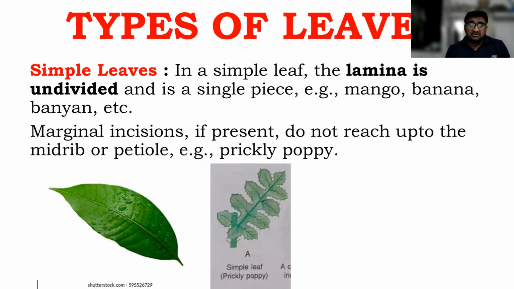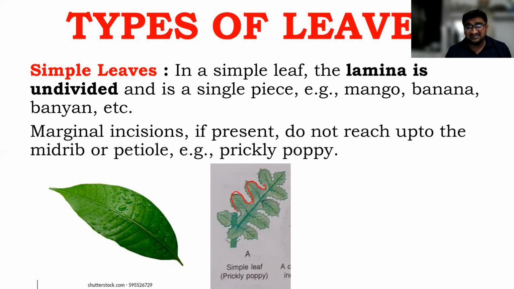So in simple leaves, the entire portion of that leaf remains undivided. Such a type of leaf is known as a simple leaf. You can see the diagram of that simple leaf in which the lamina is undivided. In this case, if marginal incisions are there, the marginal incisions do not reach up to the midrib.